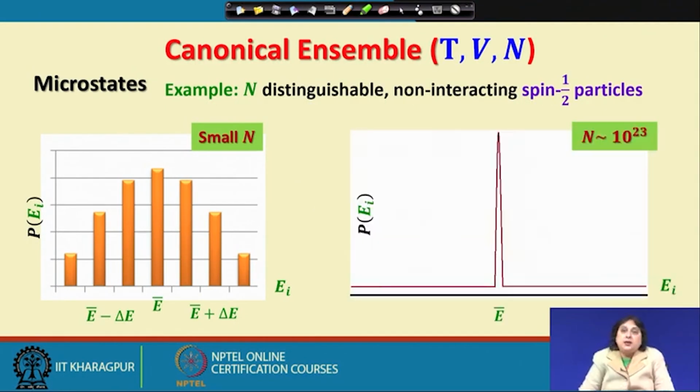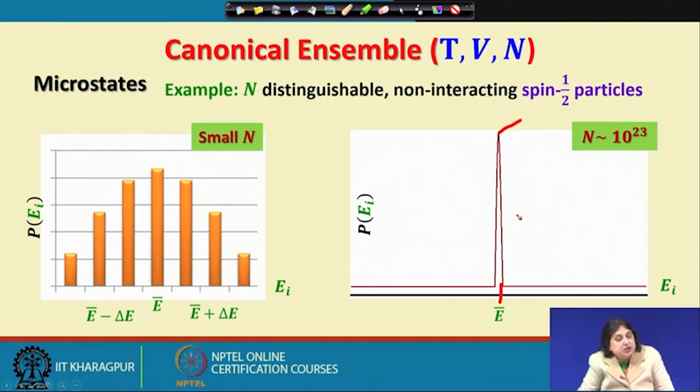Now, let me think about the case where I have n of the order of 10 to the power of 23, a very large number. We have already seen that under such condition, the probability distribution will take the shape of a Gaussian distribution, and this Gaussian distribution is going to be very sharply peaked at around the average energy E bar. So, E bar is associated with the maximum number of microscopic states.